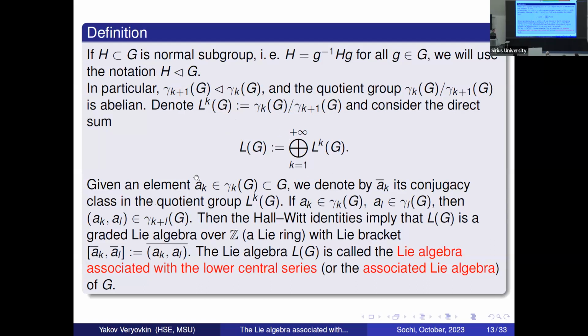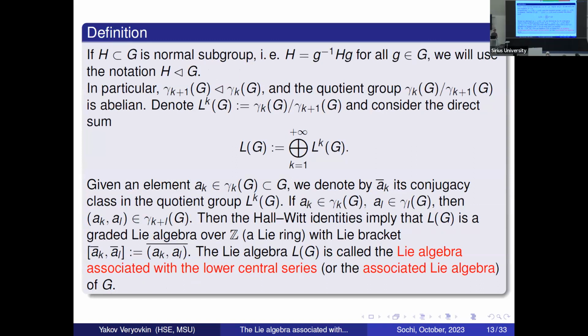Given an element a_k from gamma k, we denote by overline a_k its conjugacy class in the quotient group L_k. If a_k is in gamma k and a_l is in gamma l, then the commutator [a_k, a_l] is in gamma k+l.